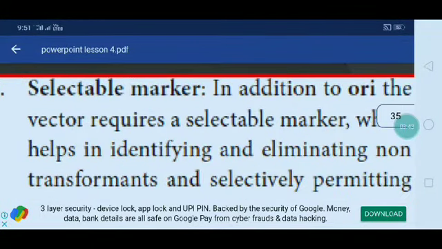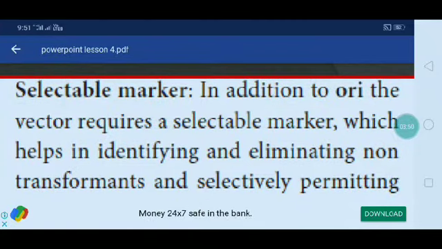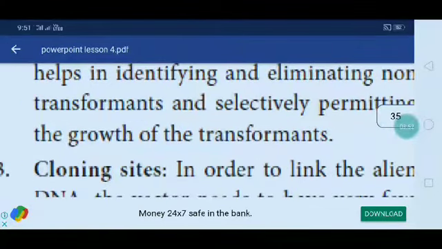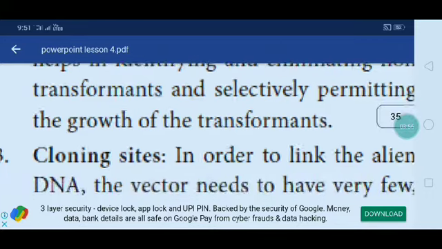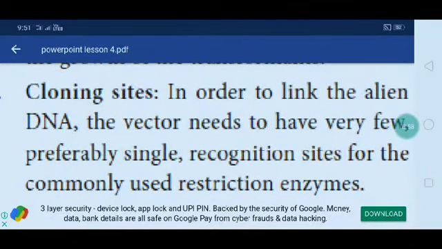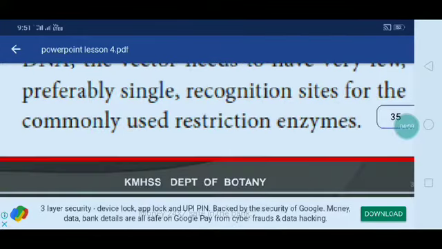In addition to the origin, the vector requires a selectable marker, which helps in identifying and eliminating non-transformants and selectively permitting the growth of the transformants. The third one is cloning sites. In order to link the alien DNA, the vector needs to have very few, preferably a single, recognition site for the commonly used restriction enzymes.